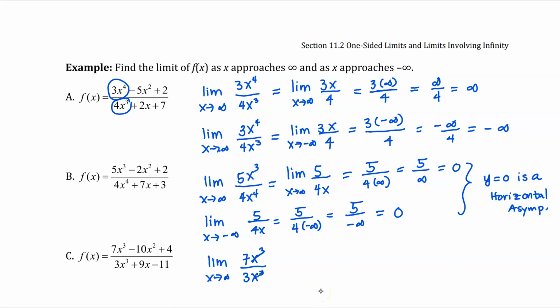When we simplify this, we will just get 7 over 3. So the limit of the rational function here as x approaches positive infinity is equal to 7 over 3. And so therefore we say that y equals 7 over 3 is a horizontal asymptote.